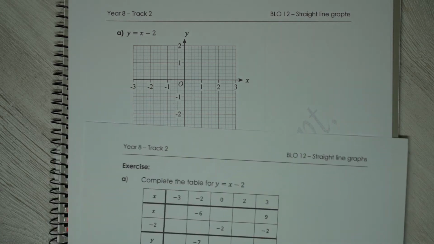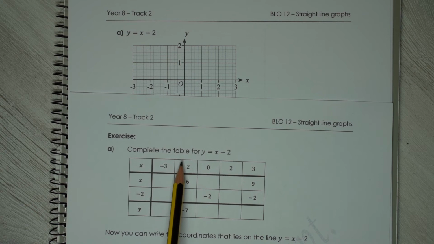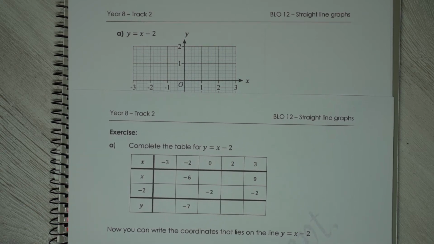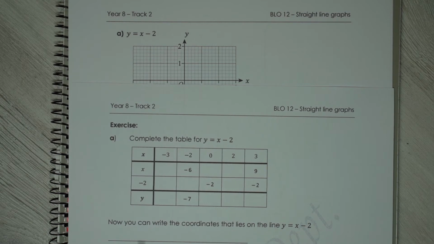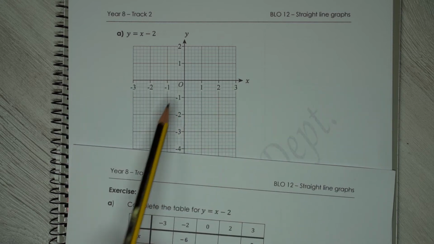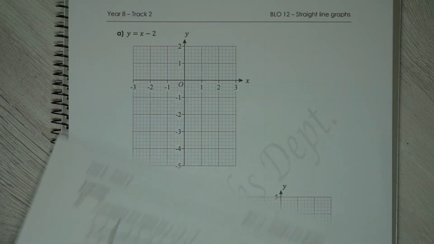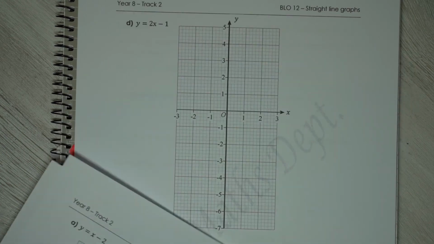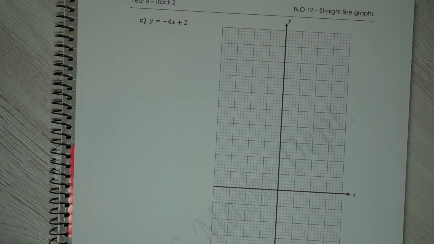On page 7 you have the same equation, y = x - 2, and you have found the coordinates. What you have to do is plot them here. I'm going to work out question C, so I'm going to find the equation of question C, which is on page 10, this one.